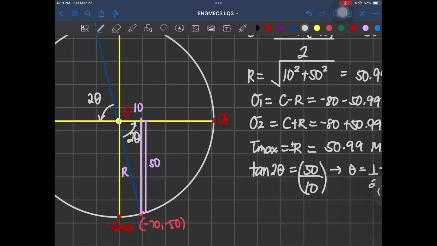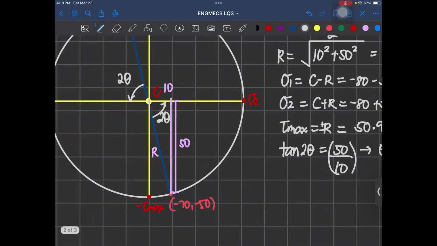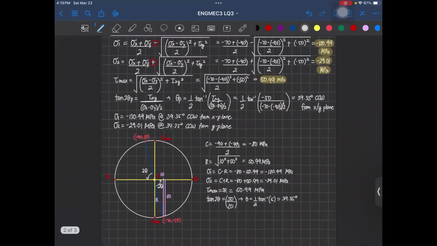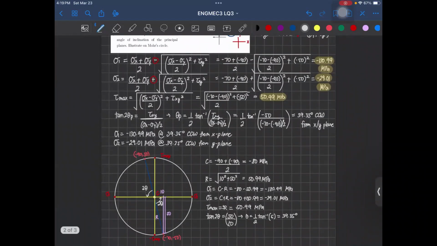So in retrospect, if you want to consider the principal plane going to the element given, you have to move it clockwise. So those are the values that you can get for this type of problem using the Mohr's circle.